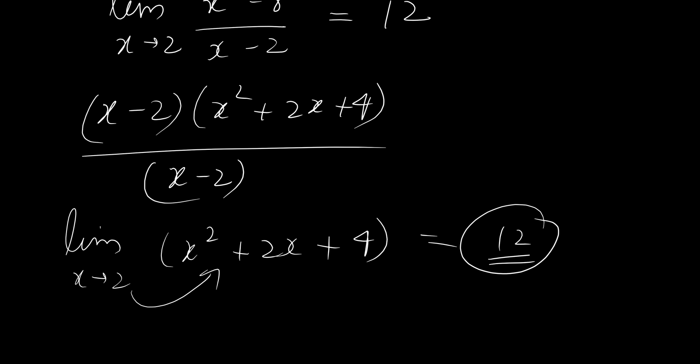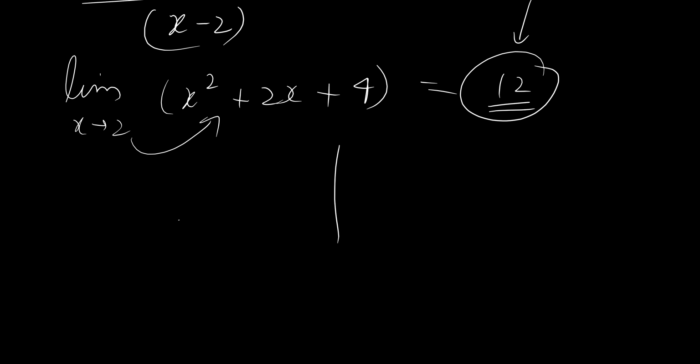It does not show from which side, when we substitute x equals 2, on the number line the limit approaches 12. So let us say there's a number line and here's x equals 2. From which side does it approach 12, from this side or from this side?